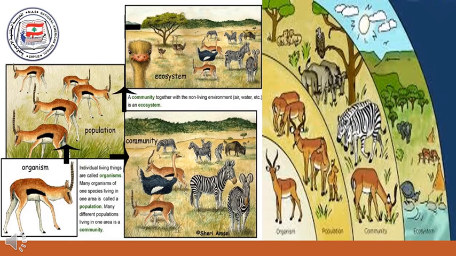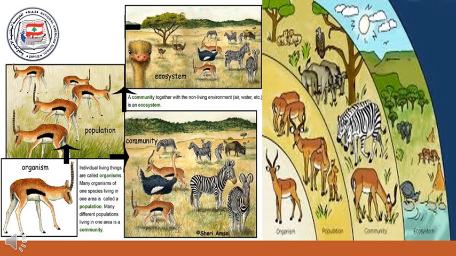So here we have 5 organisms of the same kind forming a population. What is a community? A community is many different populations living in one area. So here we have different kinds of animals living in one area forming a community.